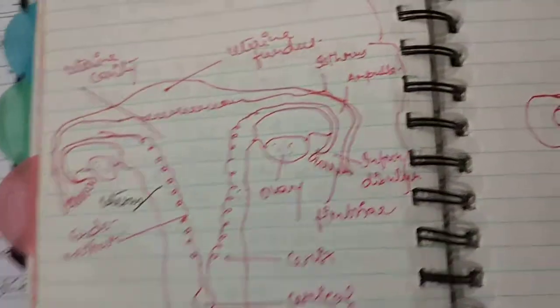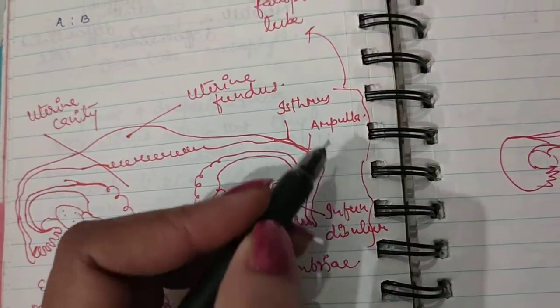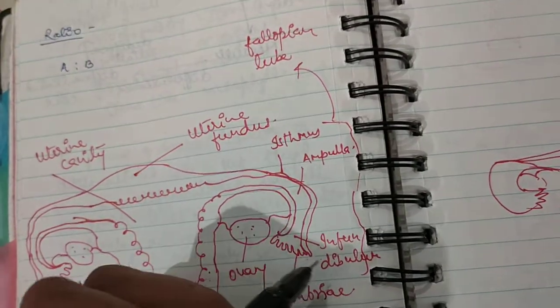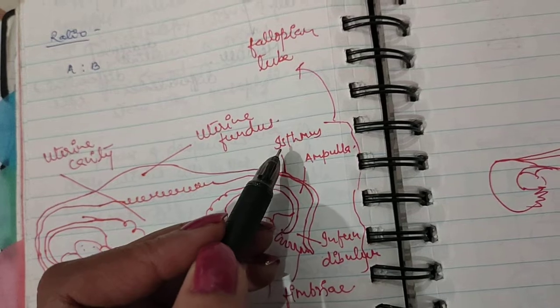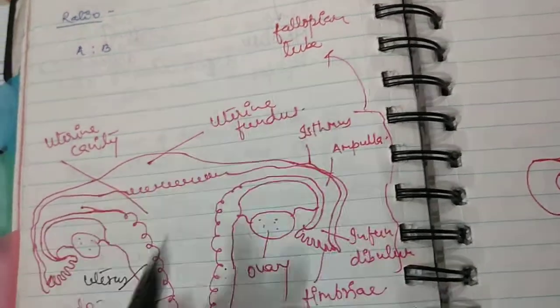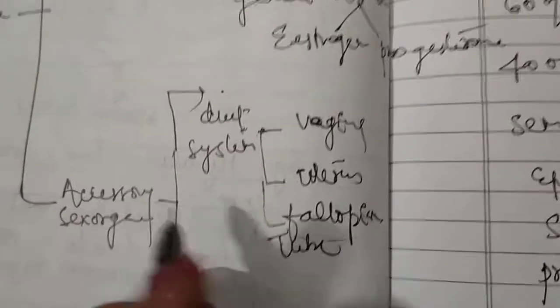You can see here this whole structure is known as fallopian tube, that is infundibulum, ampulla, and isthmus. This forms a fallopian tube. So this is fallopian tube.